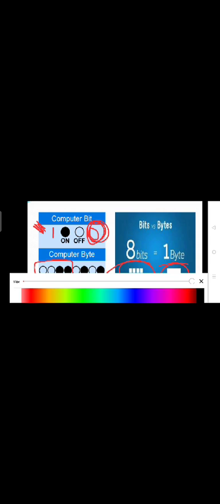Simply we can write that if we have 2 bytes, this equals a word. If we have 2 bytes or 3 bytes or 4 bytes, more than one byte, the combination of 2 or more bytes is nothing but a word.